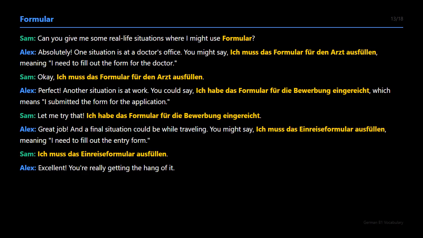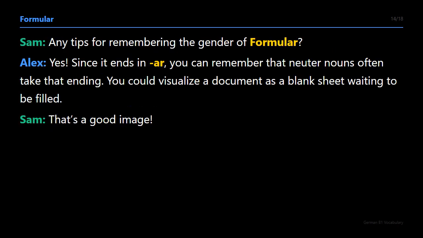Excellent. You're really getting the hang of it. Any tips for remembering the gender of Formular? Yes. Since it ends in ar, you can remember that neuter nouns often take that ending. You could visualize a document as a blank sheet waiting to be filled.